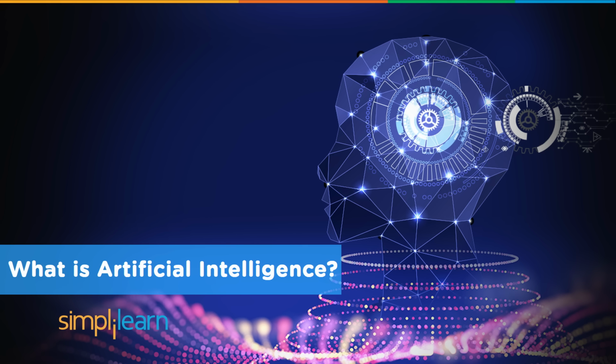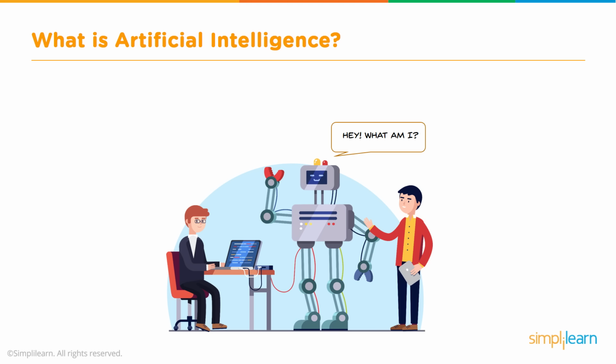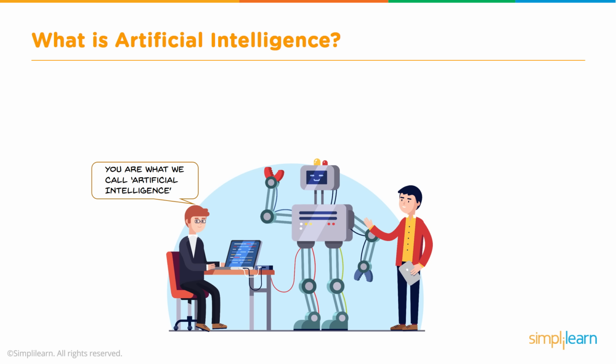What is artificial intelligence? In today's world, it's probably one of the most exciting advancements that we're in the middle of experiencing as humans. So, what is artificial intelligence? And here we have a robot with nice little clampy hands. "Hey, what am I?" "You are what we call artificial intelligence. I am your creator," reminding him who programmed him and who he's supposed to take care of.